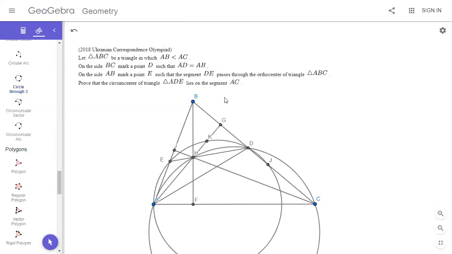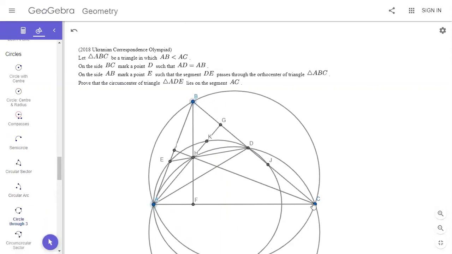So the circumcenter of ADE is also the circumcenter of KDE. So maybe that helps. Let me draw the circumcircle of ABC, just out of curiosity. All right.